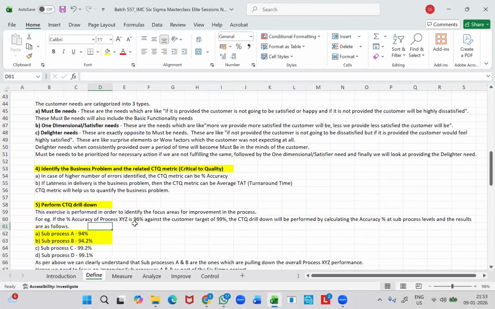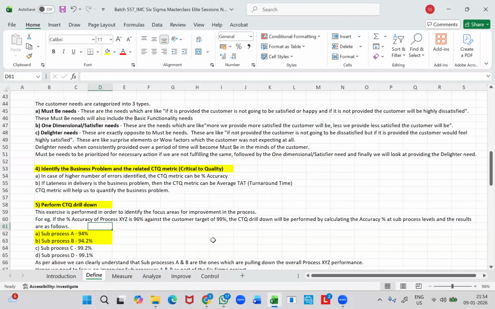But then we can understand the overall performance of process XYZ is so low mainly because of sub-processes A and B. Sub-processes C and D, as we can see, seem to be comfortably meeting the customer target of 99% accuracy. It's only because of the sub-processes A and B that we find the overall accuracy percentage for process XYZ being 96% against the target measure of 99%.